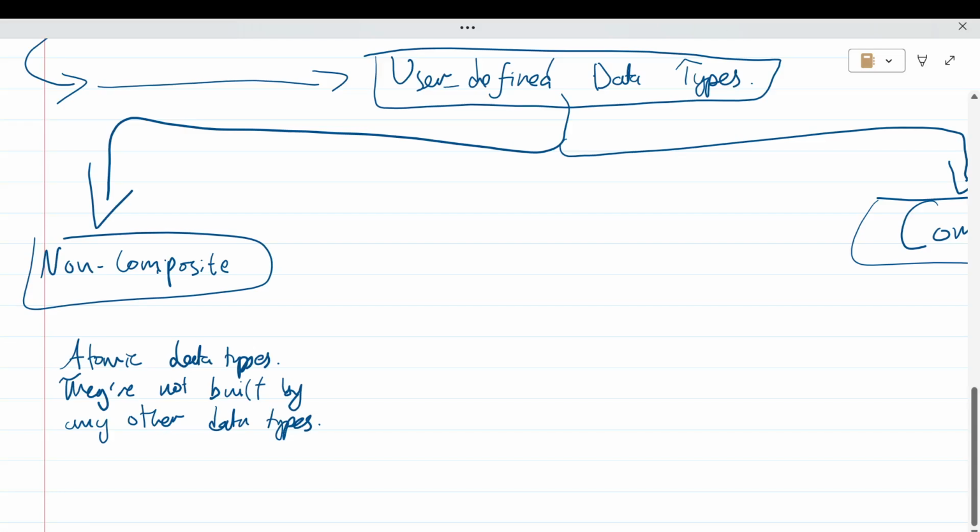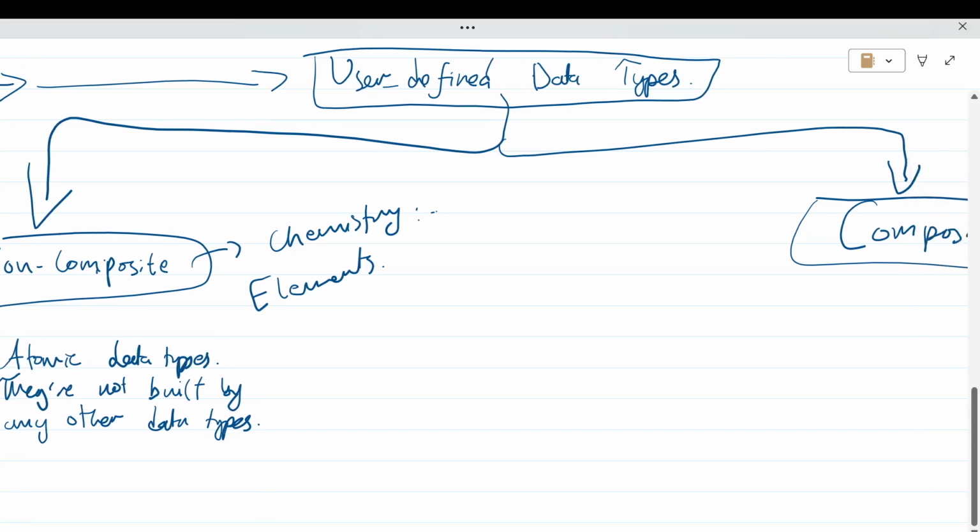Non-composite ones. An example of this could be from chemistry. If you have ever studied chemistry, there is something we call elements, right? What are elements? Stuff that cannot be broken down into more elements. The most basic, the most simple of substances, right? Think of it this way: non-composite data types are just the elements of data types.